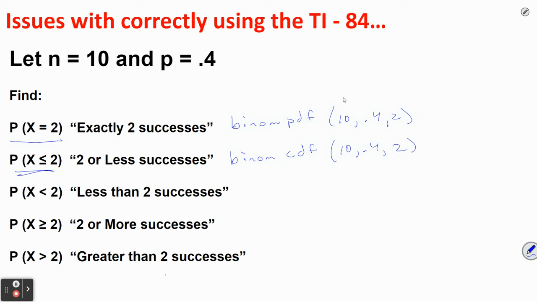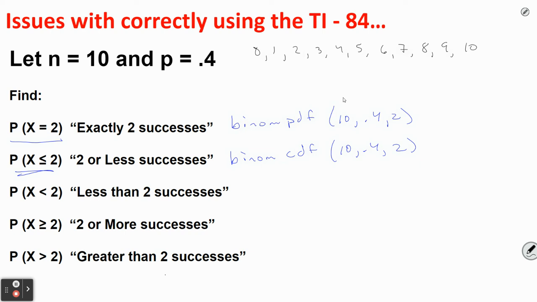Now, the issue with this CDF is when these signs start to be arranged differently than the way the calculator is programmed. So if we have 10 trials, that means you could have 0 successes, 1, 2, 3, 4, 5, 6, 7, 8, 9, or 10.